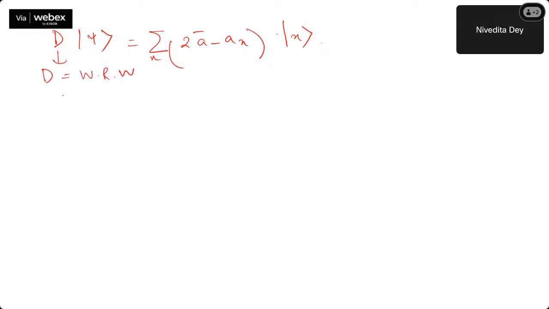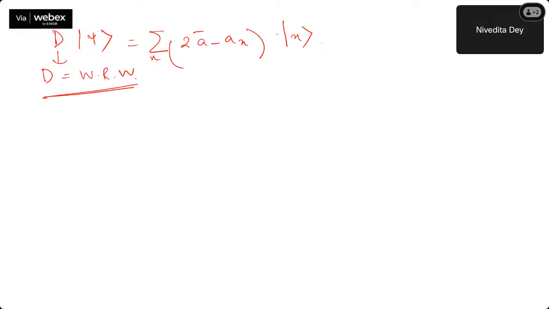I guess the proof is done. So D, the diffusion operator, acting on this will give whatever I have here, 2a bar minus ax, which was the final expression, times kx. And D is also equivalent to WRW.